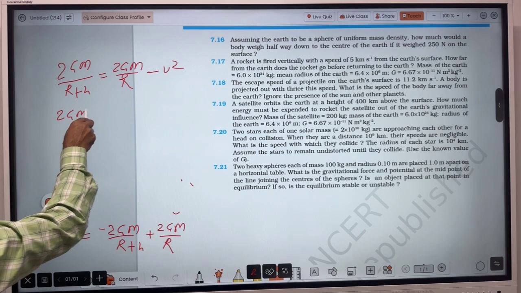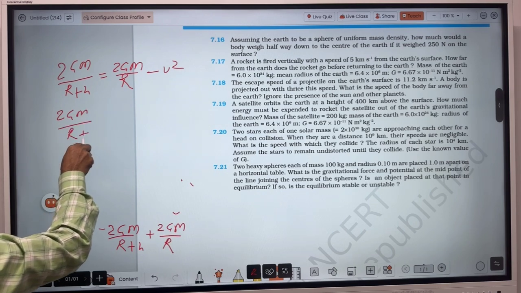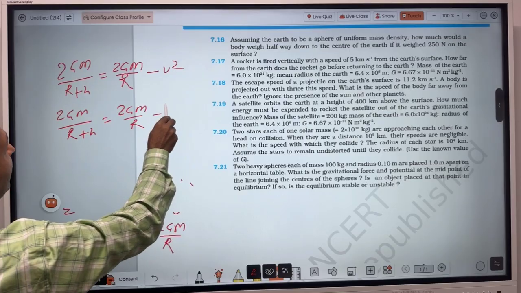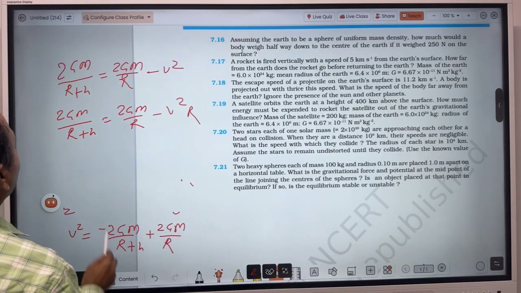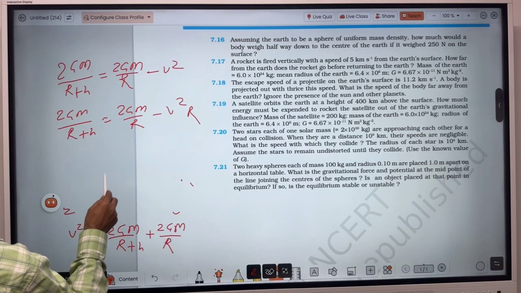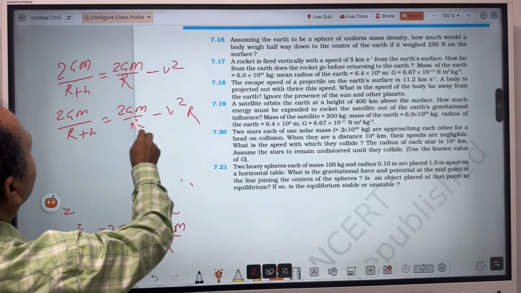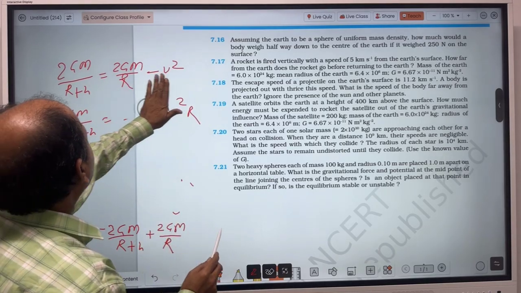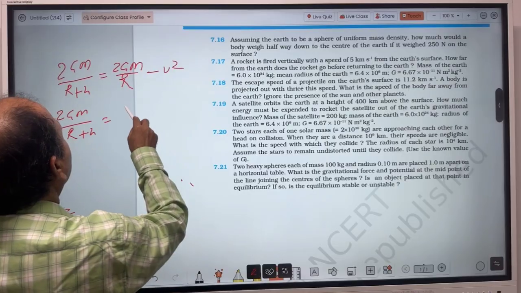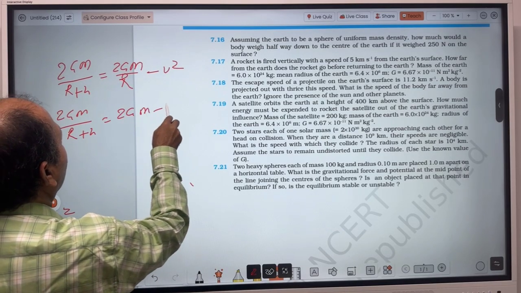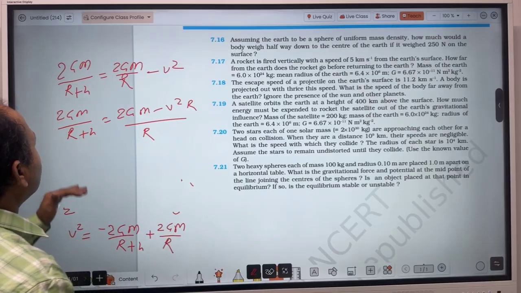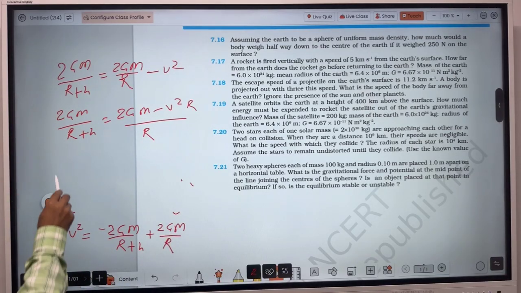Further, 2GM divided by (R plus h) equal to 2GM divided by R minus v square. Taking R common, we write it like this: (2GM minus v square R) divided by R. Now it is a little easier, so let's invert it.